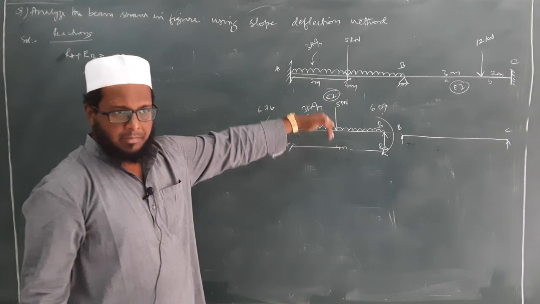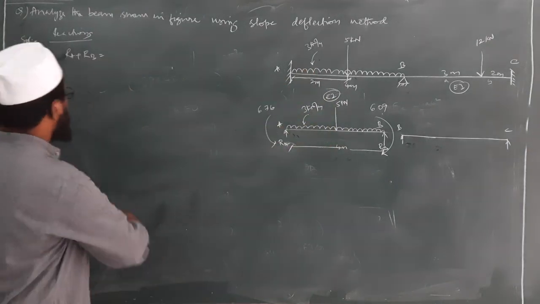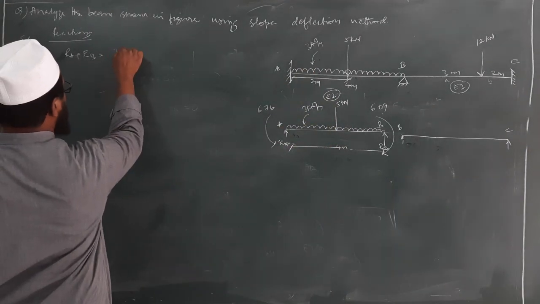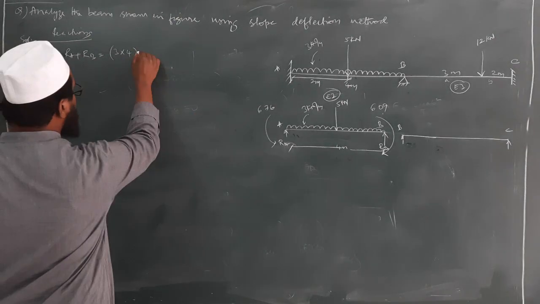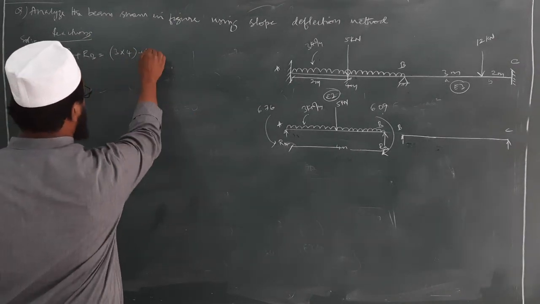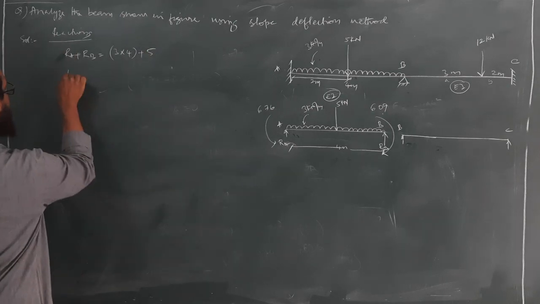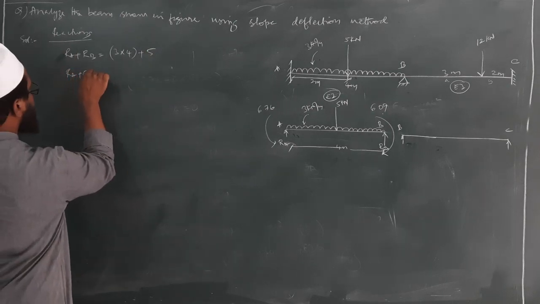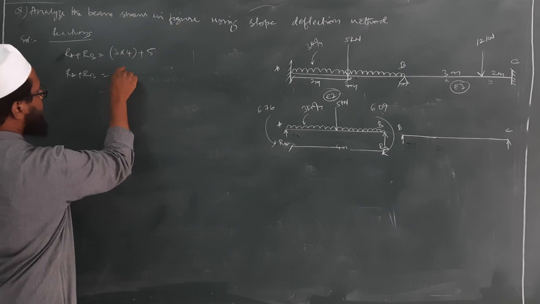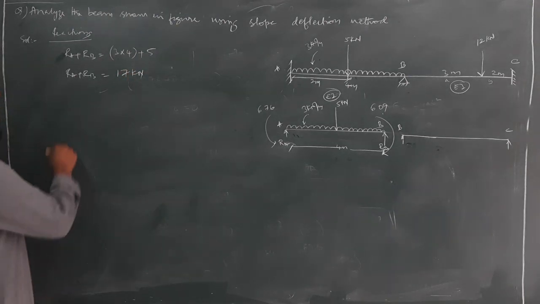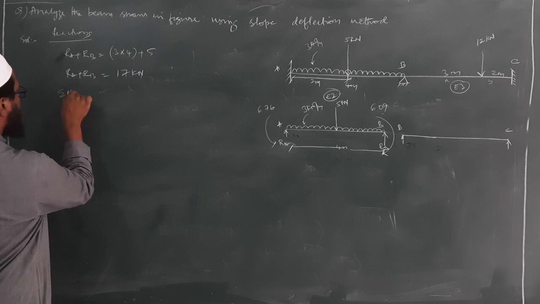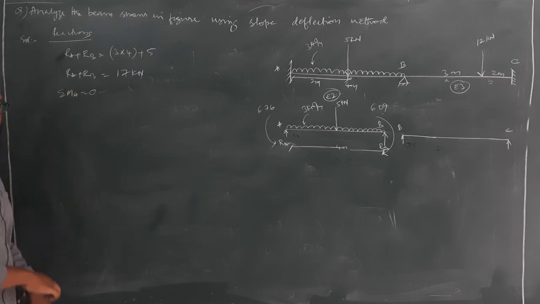What are the loads coming down? 3 into 4, the UDL, is going in the downward direction, along with 5. So RA plus RB is equal to 12 plus 5, which is 17 kilonewton.